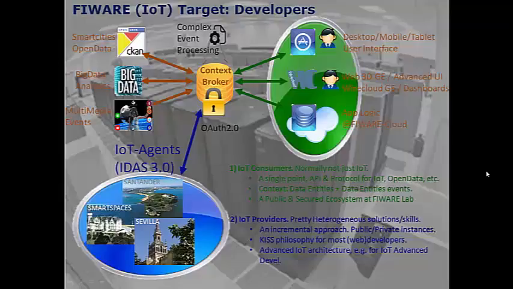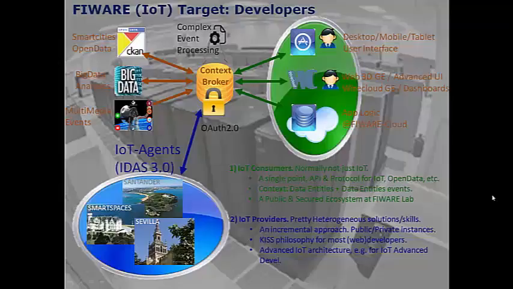Then, as you know, everything in the context broker is modeled as entities and properties, with metadata connected to these entities. So IoT agents can make use of this and can be created as entities. Each sensor would be an entity inside the context broker. Here you can take advantage of the abstraction layer.